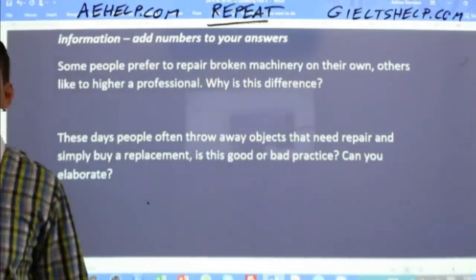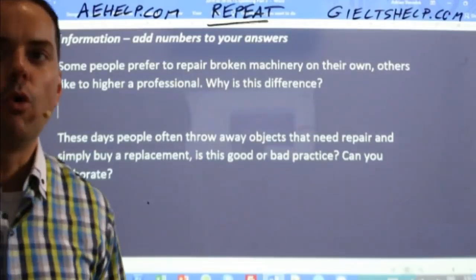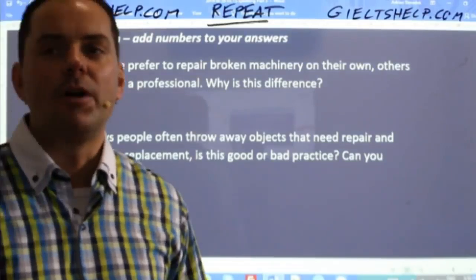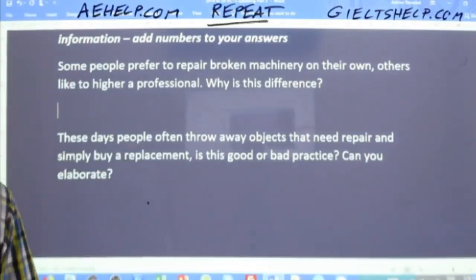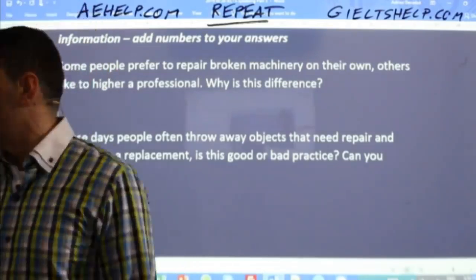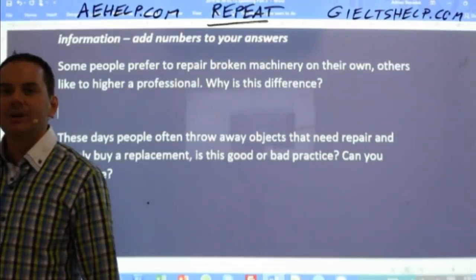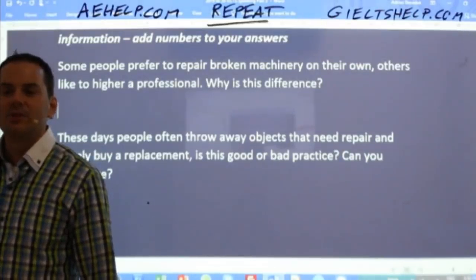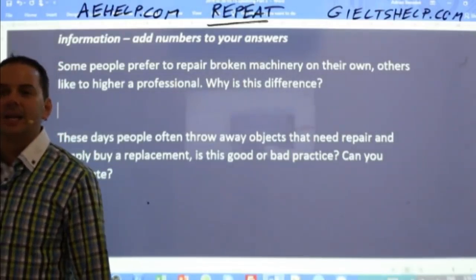Merkin says it depends on the person. Merkin, the expression is it depends on the person or it differs from person to person. Okay. And then you said not only is it cheaper, but Merkin says not only because it's cheaper, but also doing it to gain experience. Sure.